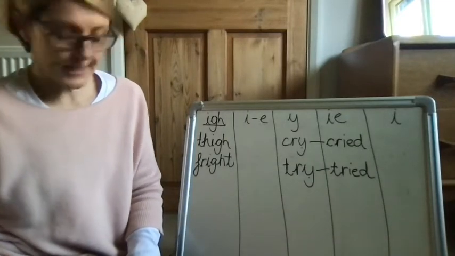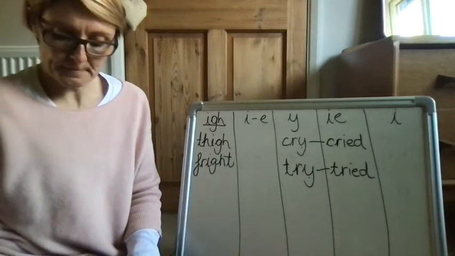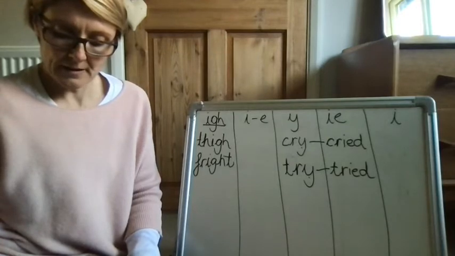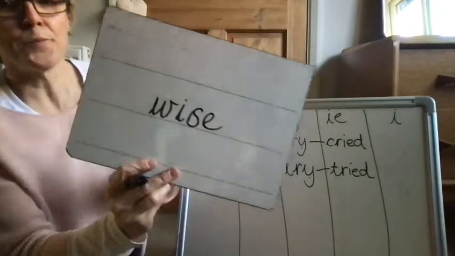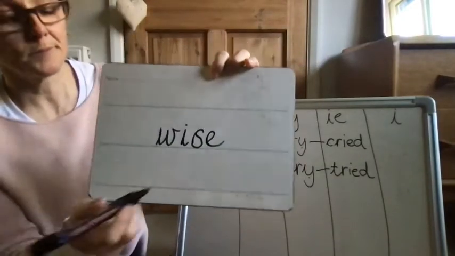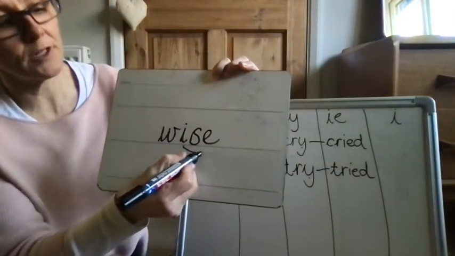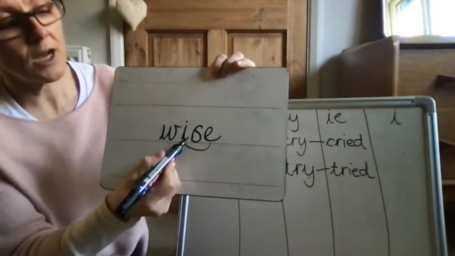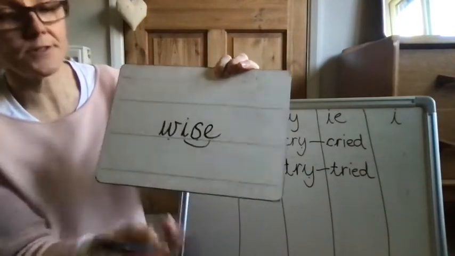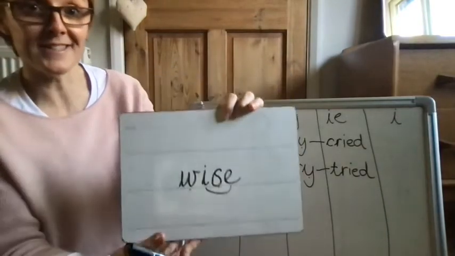Let's try. What's this one? Do you know? I'll give you a clue. That's a split digraph. Wise. Wise.